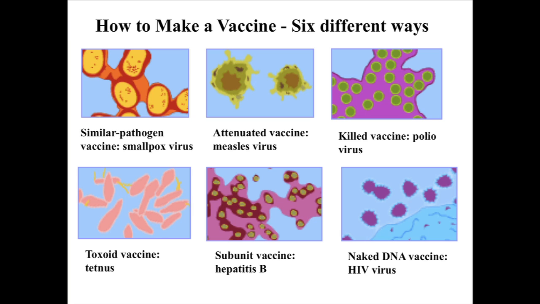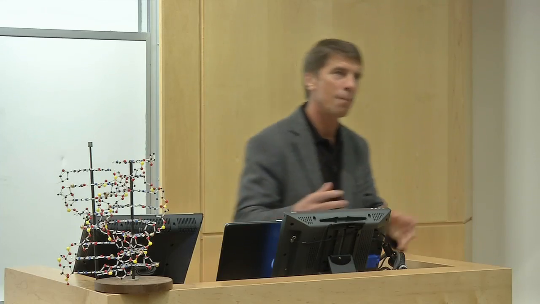Another way you can do this is to take the toxic protein and use that as an injectable to mount a vaccine, as what's done for tetanus. You can use subunits of a virus, which won't cause the disease themselves, but allow for the production of antibodies, such as what's done for hepatitis B. And more recently, you can shoot naked DNA into cells, and the naked DNA will come off of a particle and be transcribed into RNA.